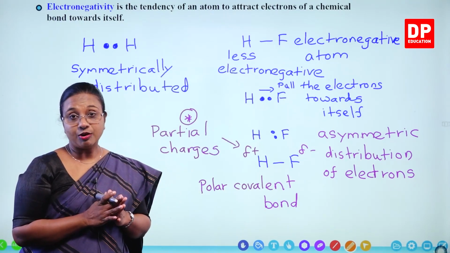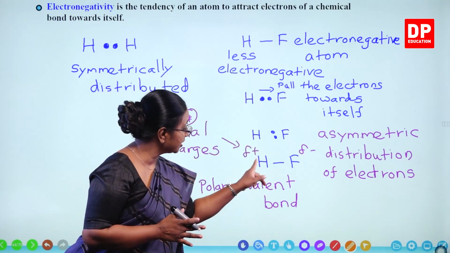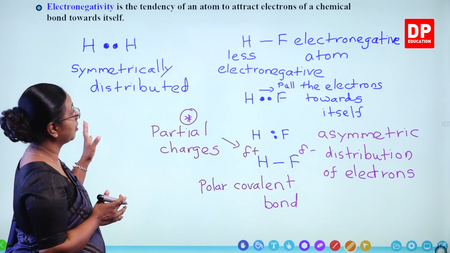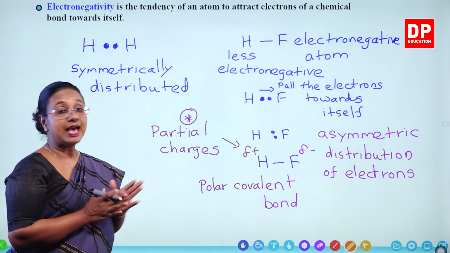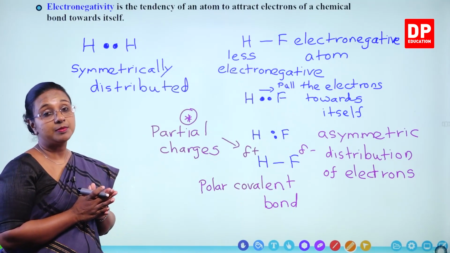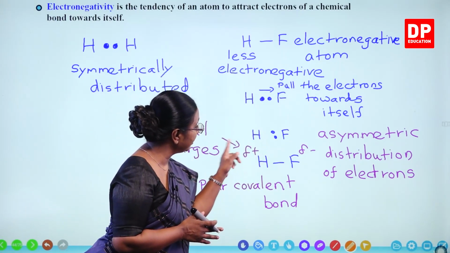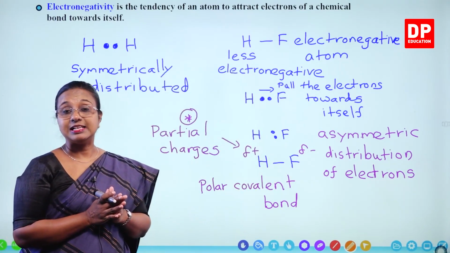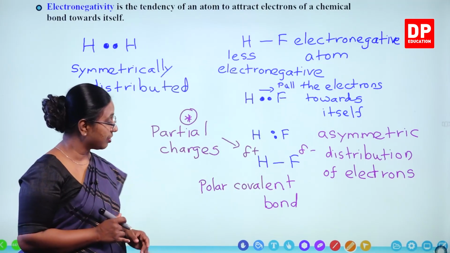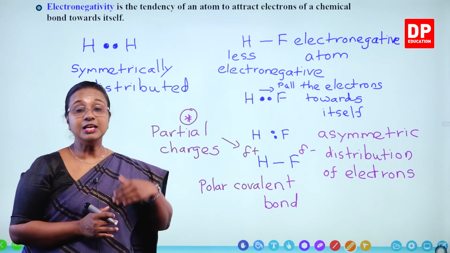Is that clear to you all? So this bond becomes a polar covalent bond. This is what we call polarity of the bond. Polarity means having delta positive and delta negative charges because of the electronegativity difference.